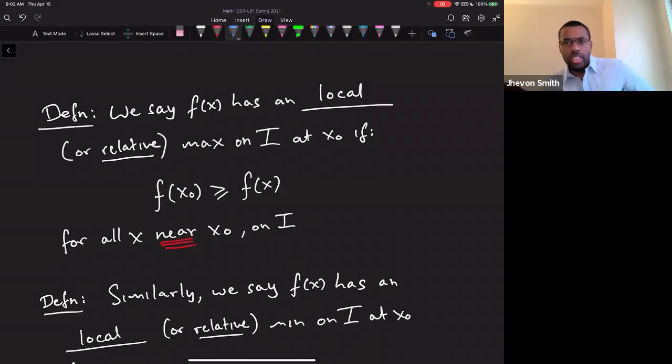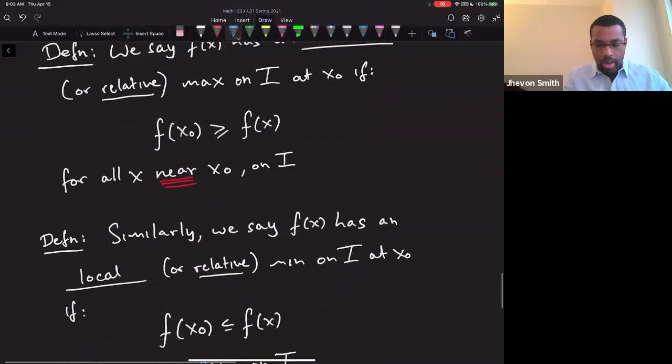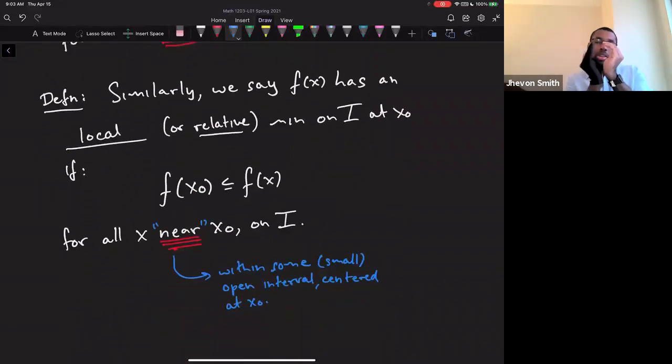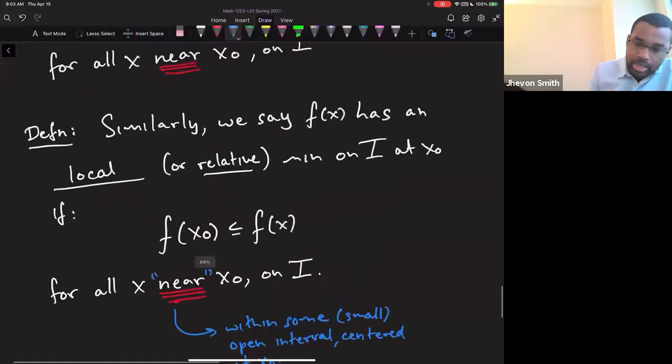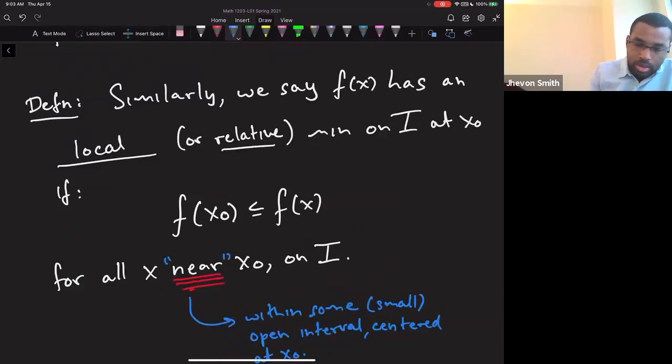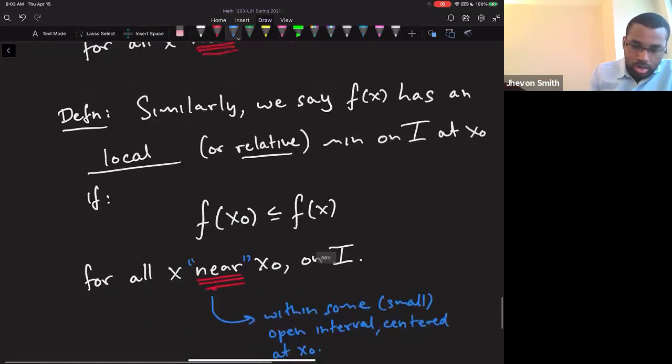Similarly, if the output there is smaller than or equal to everyone within that small window, we say it is a local min. Okay, so that's just the definitions, which I'm going to illustrate to make it more clear what the difference between the two is.